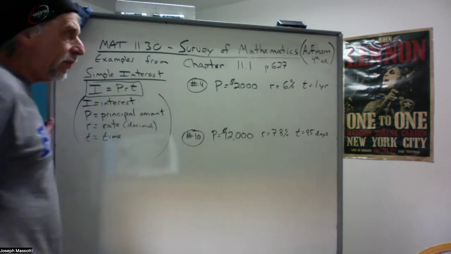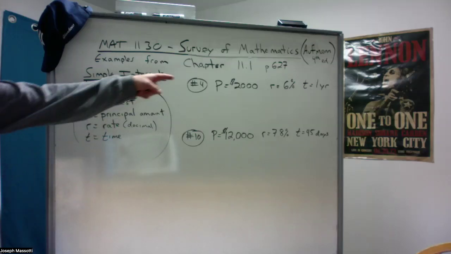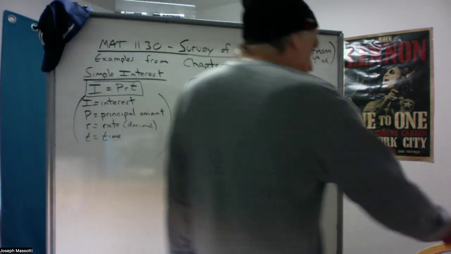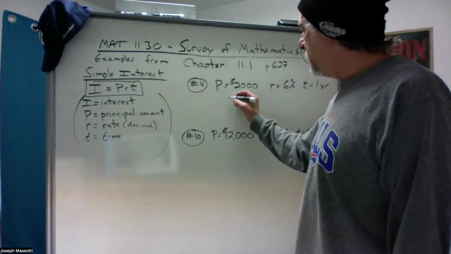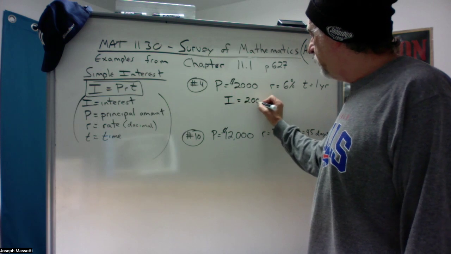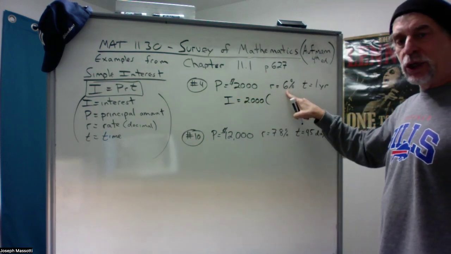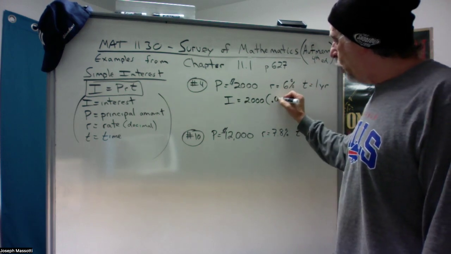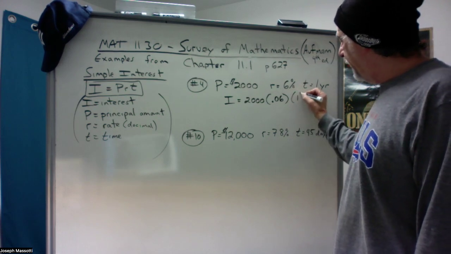So here we're looking at number 4. All we're doing is finding the interest. We have the principal, we have the rate, we have the time. So all we're doing here is plugging this into the formula for simple interest, and we're saying the interest is going to be the principal times the rate. And again, the rate must be changed to a decimal. 6% is 0.06, and the time here is 1 year.